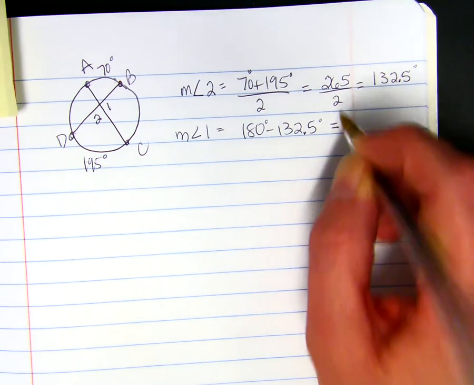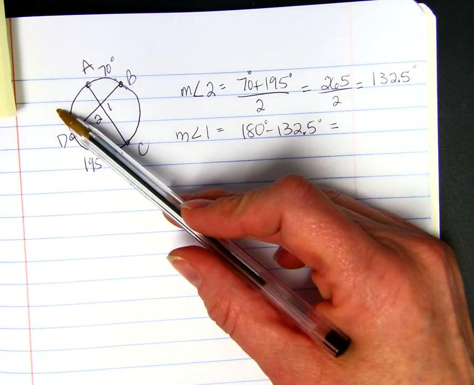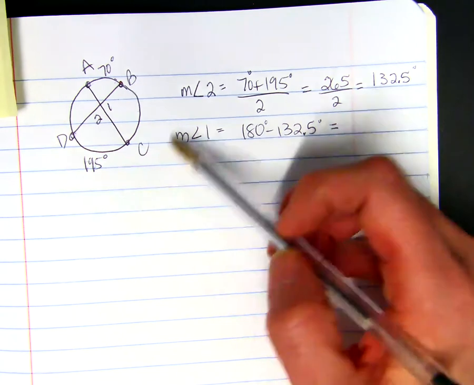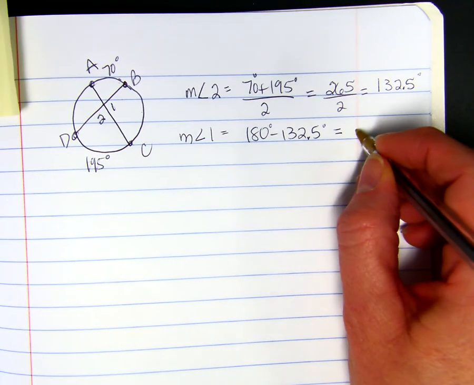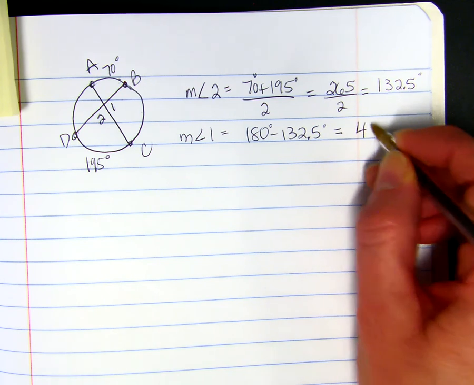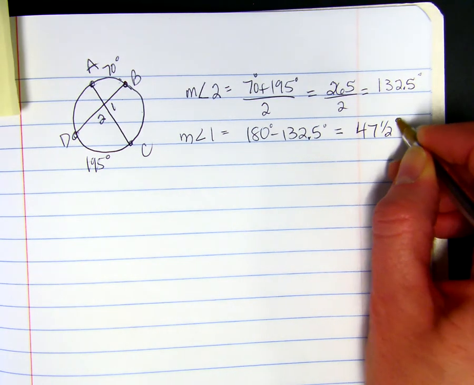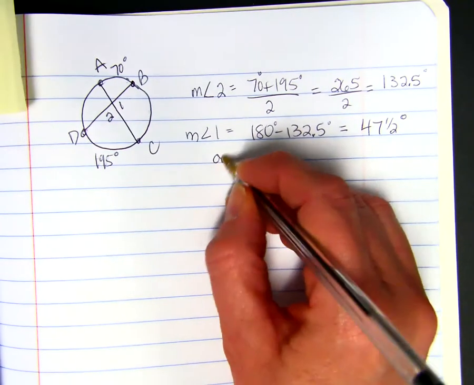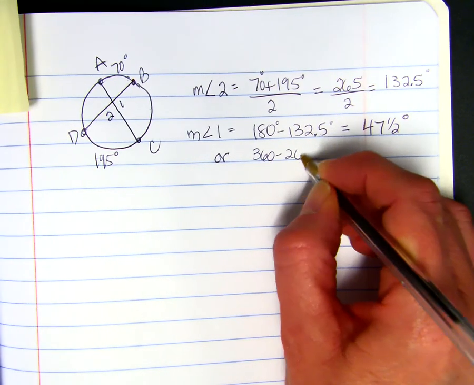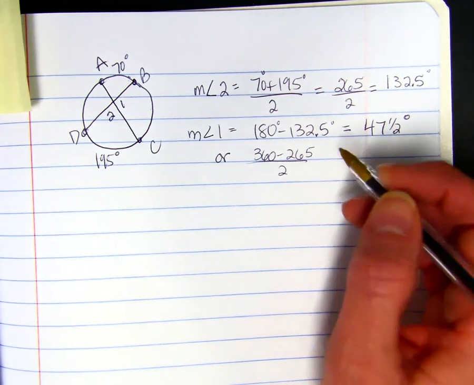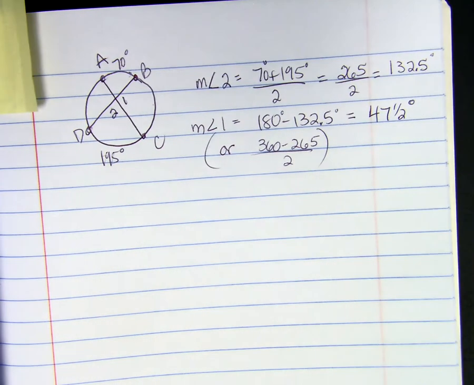Or we could do half of these two added together, and that would just be 360 minus 265, divided by 2. Okay, end of lesson.